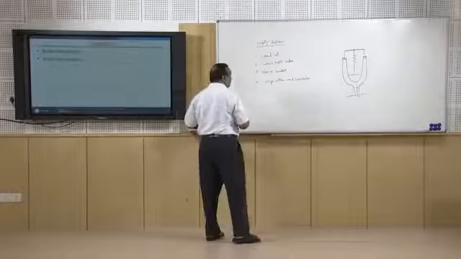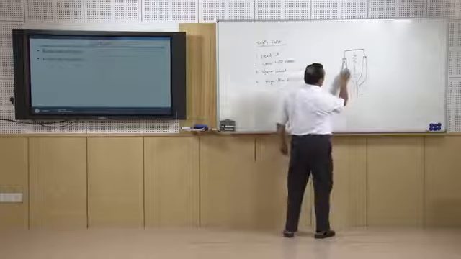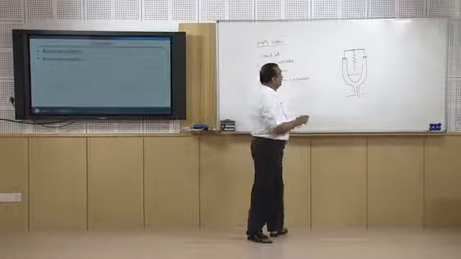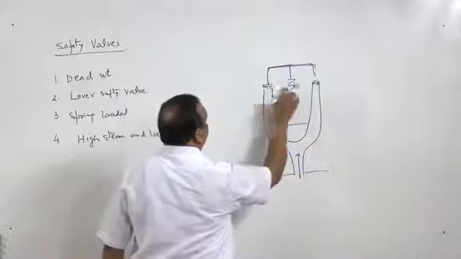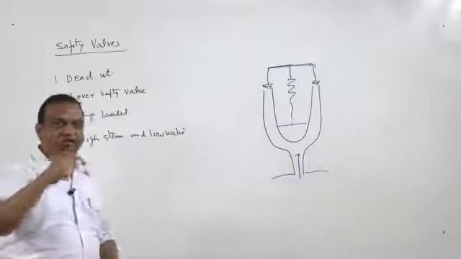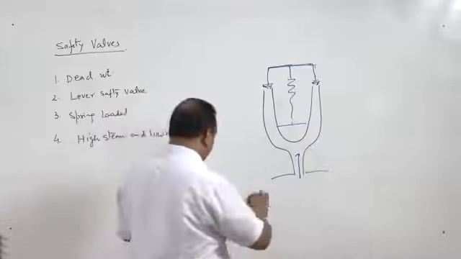So, when the pressure is exerted on these two openings, these two closings, then they open, they are lifted from the seat and the spring is stretched, and steam is vented off.